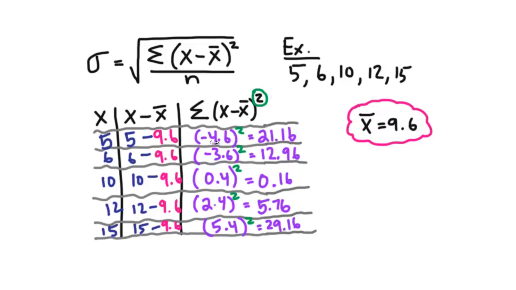Now after squaring each number in this column, we have negative 4.6 squared, which gives us 21.16. Negative 3.6 squared gives us 12.96. All of our answers are positive, and that's what we want. And this capital sigma tells us that we need to add up all of the numbers, right? So if we were to add up all of these numbers, we're going to get 69.2.